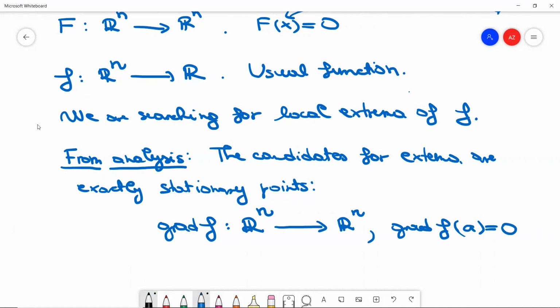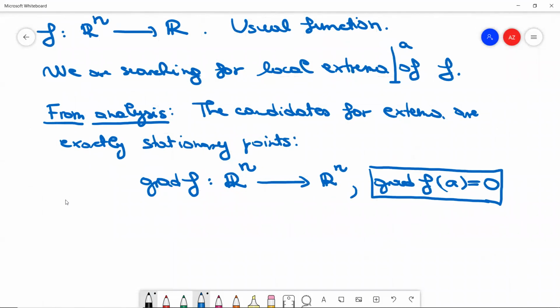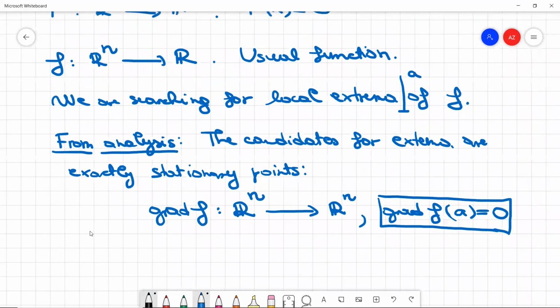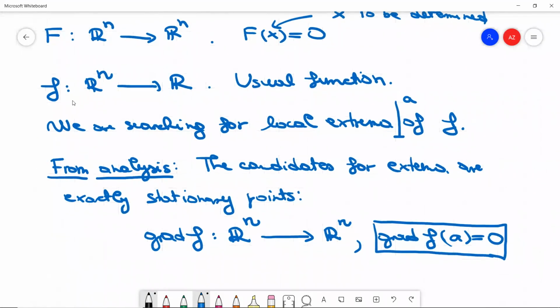So local extrema, and I will write here A. If A is a local extremum of F, then it should be a 0 of the gradient. And what we achieved now: we start with a usual multivariate function, and we would like to find its extrema.